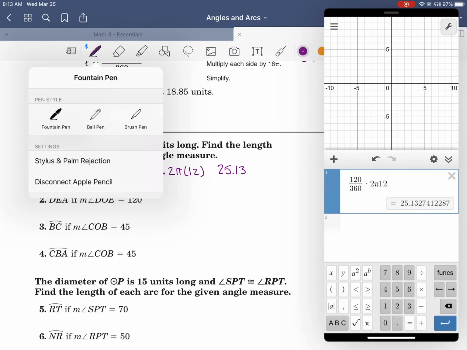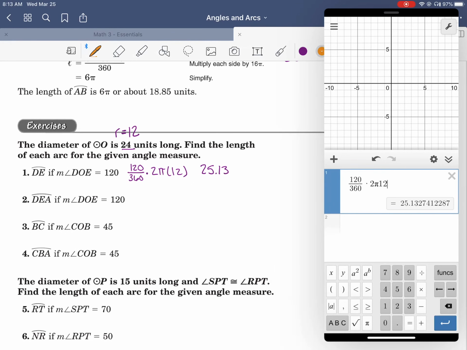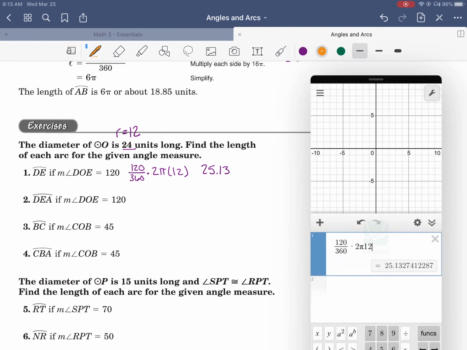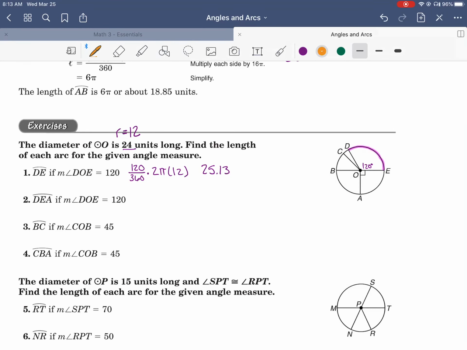All right, if I were to do the next one, same idea. This time we're finding the measurement of arc DEA. It says DOE is still 120. This is 90. So the whole angle right here is 210. So we'll do 210 over 360 times 2 pi times my radius.